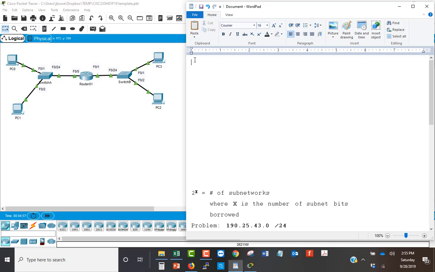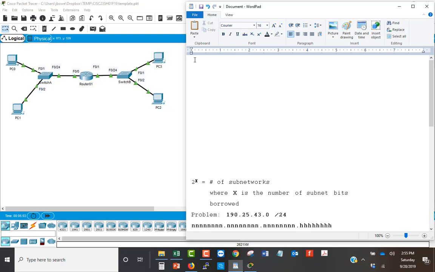Namely, the host bits in the last octet, the fourth octet, are all zeros. And we can see that here. If I denote our network bits with N's and our host bits with H's, you can see that we've got 24 network bits and we've got 8 host bits.